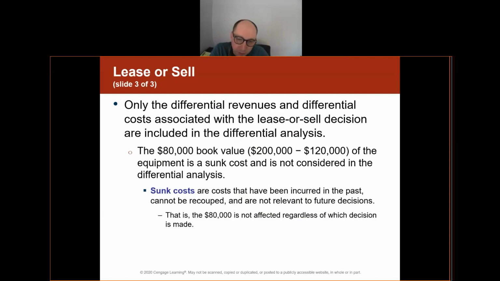I originally bought the machinery at 200,000. It depreciated over a couple of years by 120,000. Current value 80. We call this a sunk cost, and technically we don't factor that into our decision making, because that 80,000 book value is not affected by either decision.